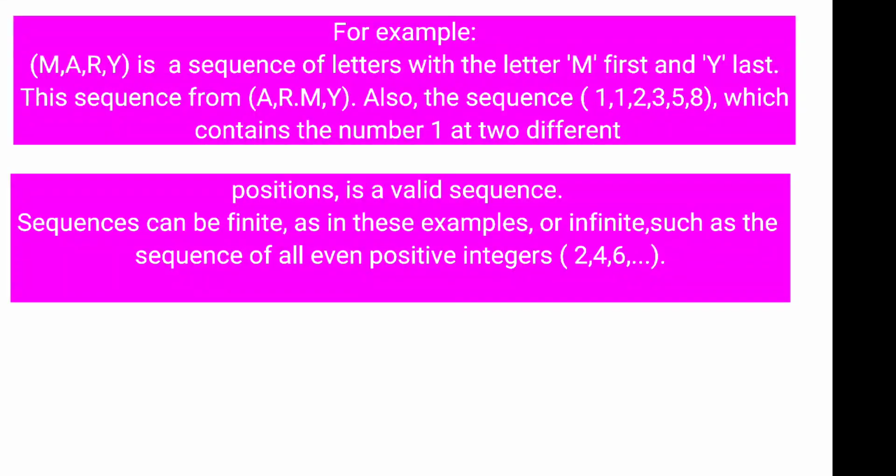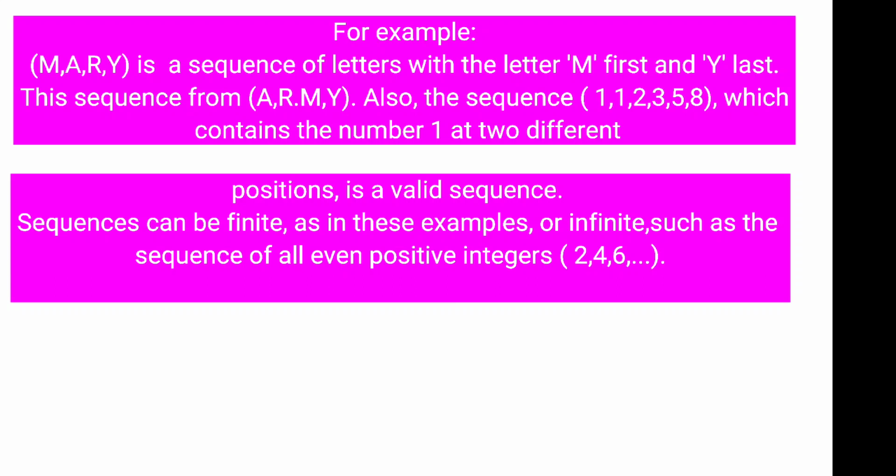For example, "Mary" or "Army" is a sequence of letters with the letter M first and Y last. The sequence 1, 1, 2, 3, 5, 8, which contains the number 1 at two different positions, is also a valid sequence.